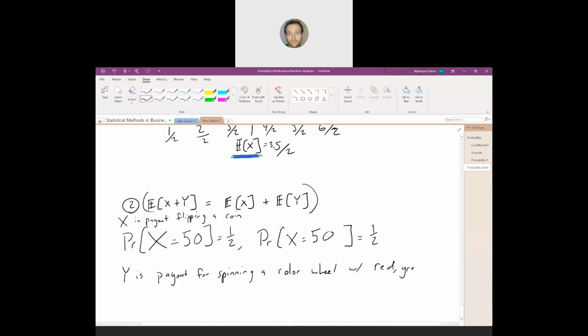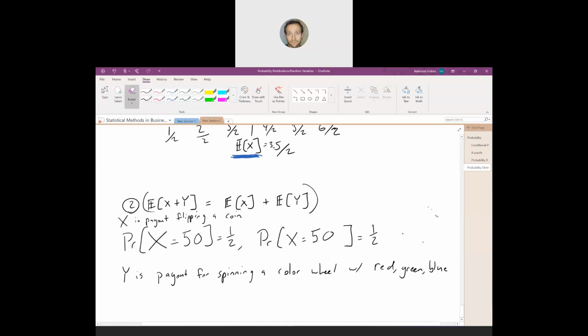Red, green, blue. So there's some color wheel. Or maybe this is the color wheel, whatever. But you spin it, and if you land the pin on that color, you either pay money or you earn money.